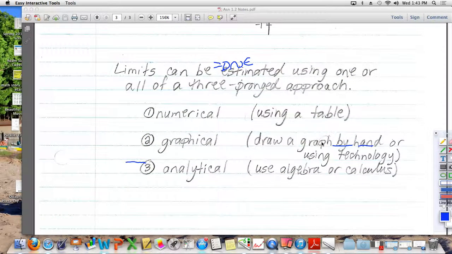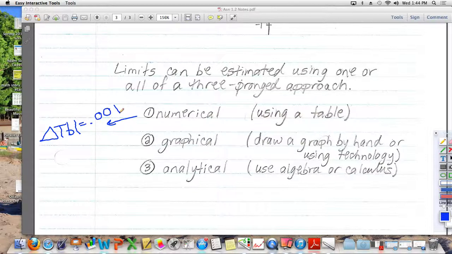All right, and those 3 approaches are, the first being a numerical approach. A numerical approach means you create a table. And remember, when you create a table and set up your table counter, in other words, the change in your table, it seems to work nicely if you are counting by 0.001s.